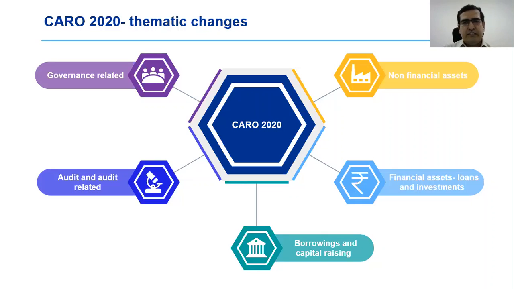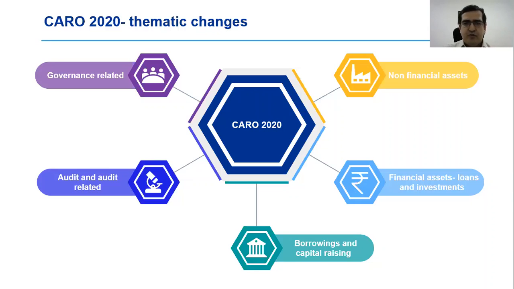Moving on, the next theme we saw last time was loans and investments. A very relevant theme for those in financial services, NBFCs, and the likes. This theme focuses a lot on how the funds raised or sourced by the company are being applied.